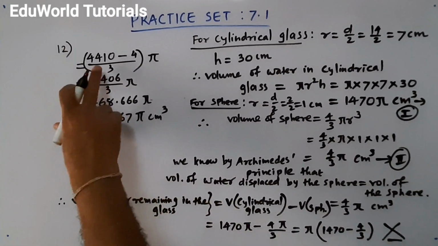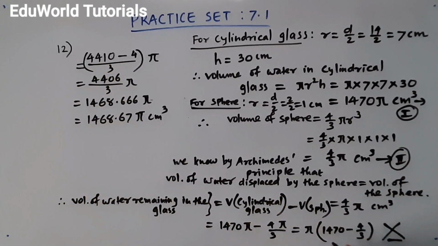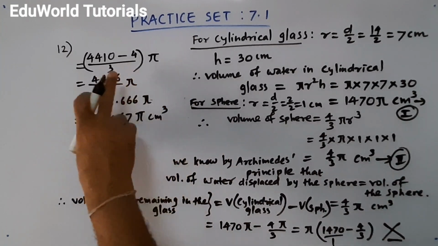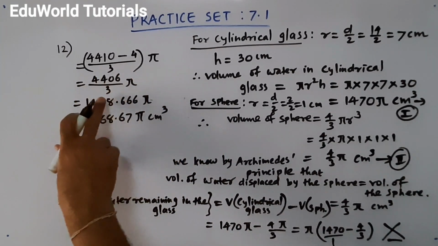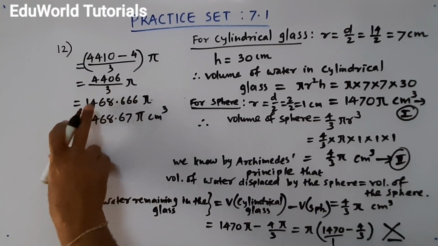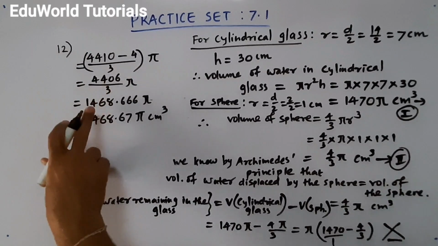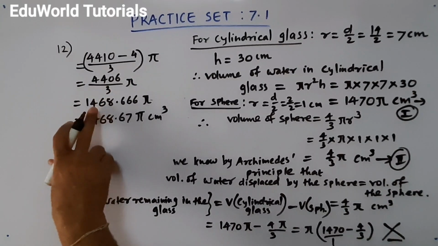1470 threes are 4410 minus, if it is 1 here, so 4 ones are 4 upon 3 ones are 3 pi. Pi I have taken here as common term. So pi multiplies with this. 4406 upon 3 pi. When you divide, 3 ones are 3, 1 remainder, 14 is there, so 3 fours are 12.